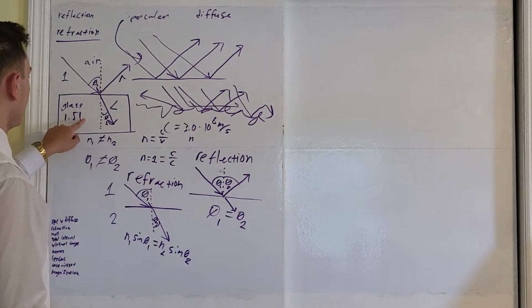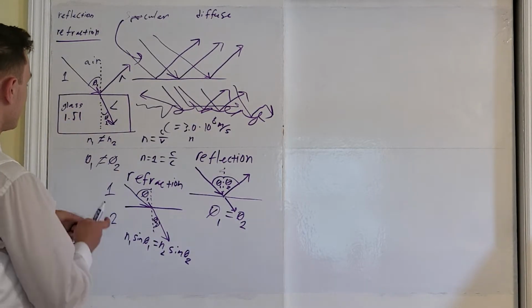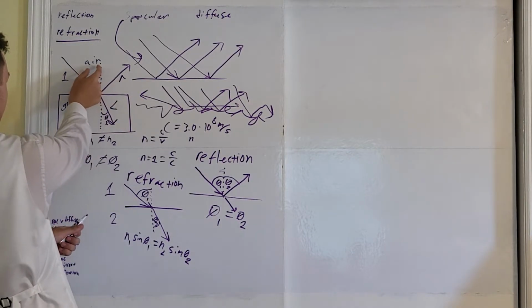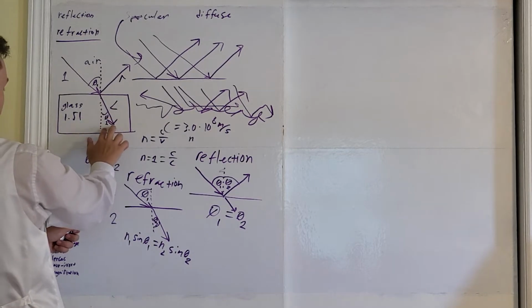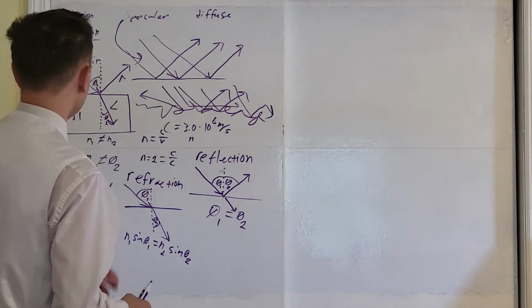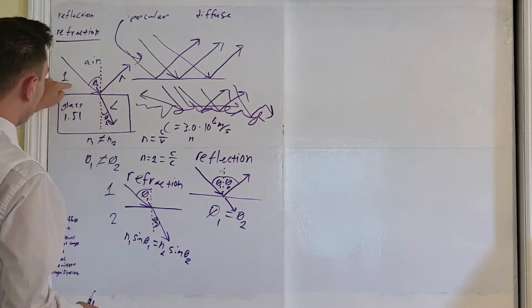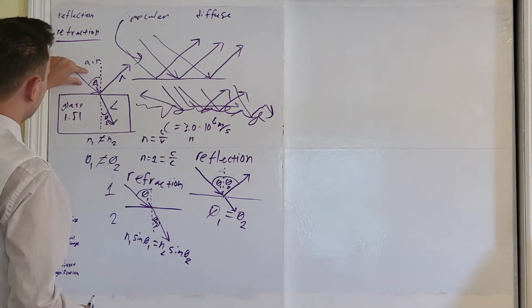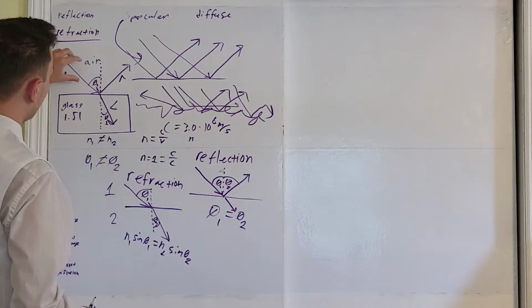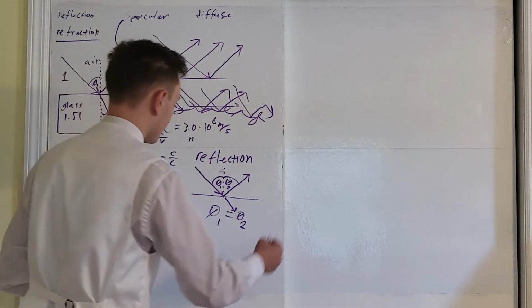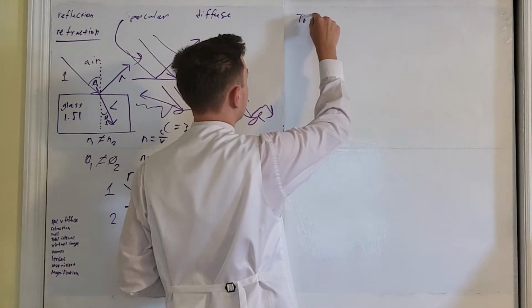Going from a higher index of refraction to a lower index of refraction causes the ray of light to be pulled away from the vertical relative to the incident ray. So, given that in the example of going from high to low, your theta on the outside will always be greater than your theta on the inside, we can introduce a topic known as total internal reflection.